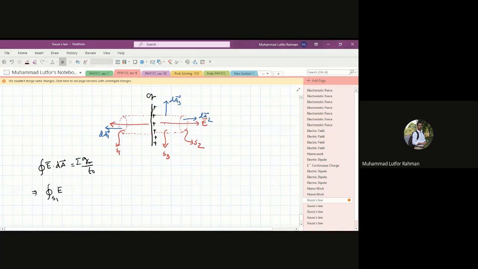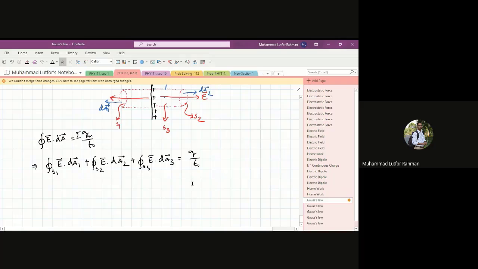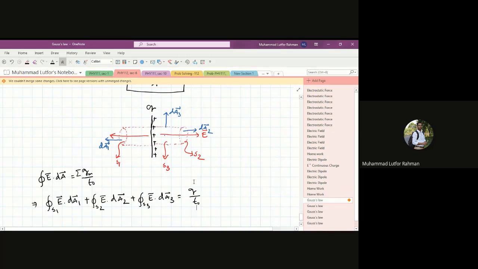So I'll write E dot dA1. I'll separate it according to the surface. For S2, I'll write E dot dA2, plus for S3, E dot dA3, must be equal to the total charge Q on that infinite plane, divided by epsilon naught.